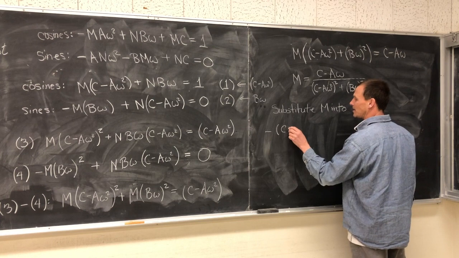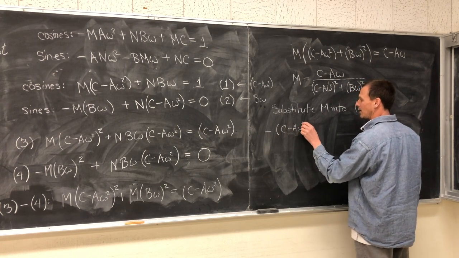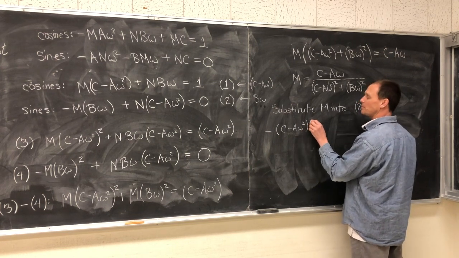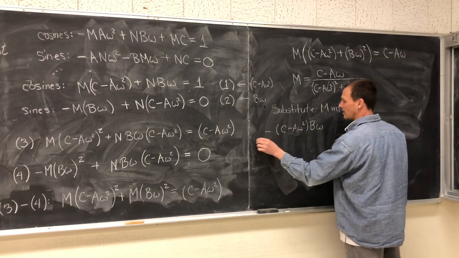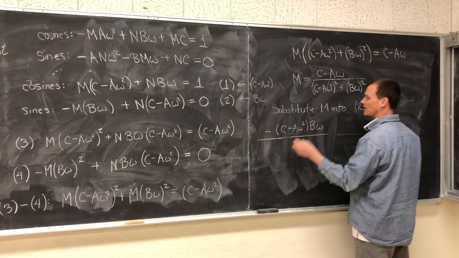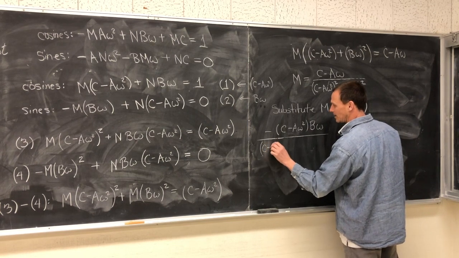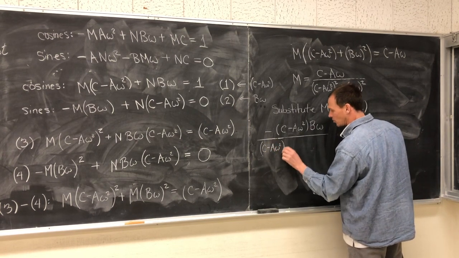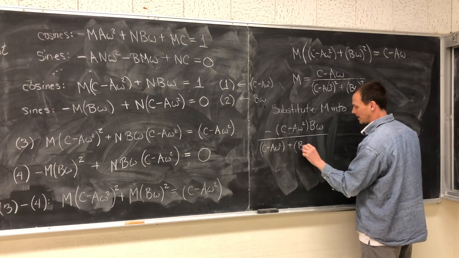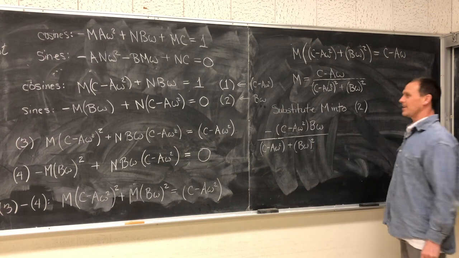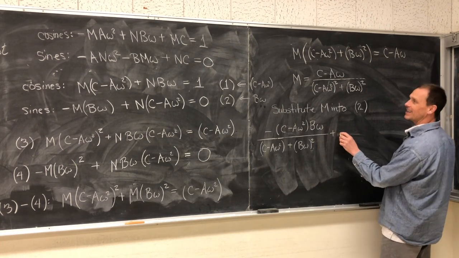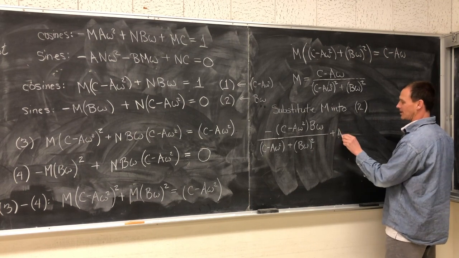Minus c minus a omega squared times b omega, all of that over our denominator, c minus a omega squared plus b omega squared, oh dear, plus n, oh, I see it.